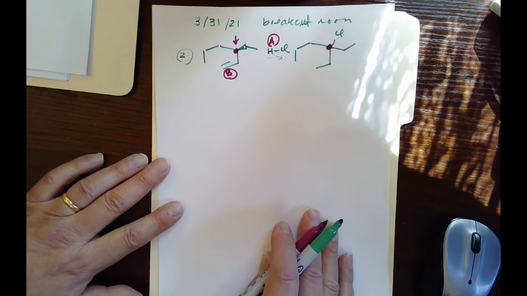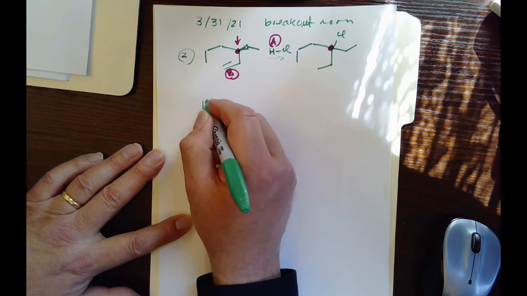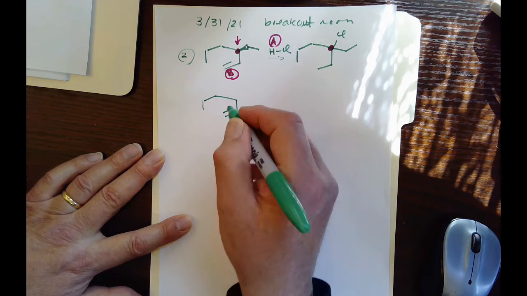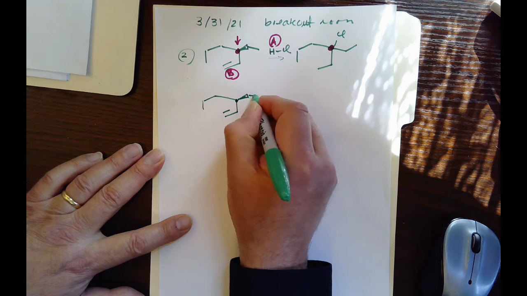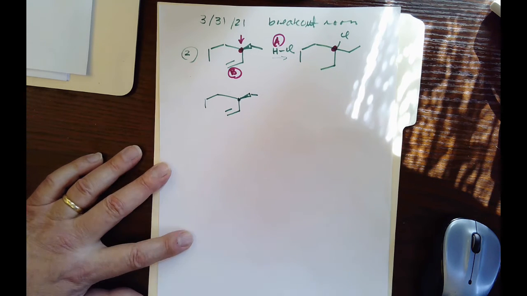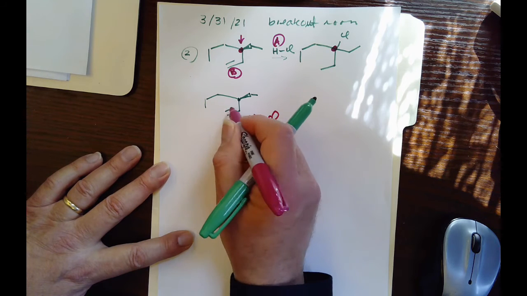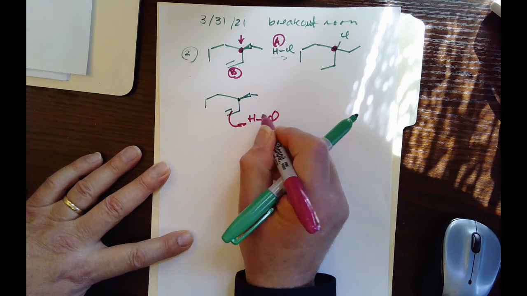So let's take a look at it. We start with the pi bond as a base, and the acid is HCl here. So the pi bond generates a secondary carbocation first.